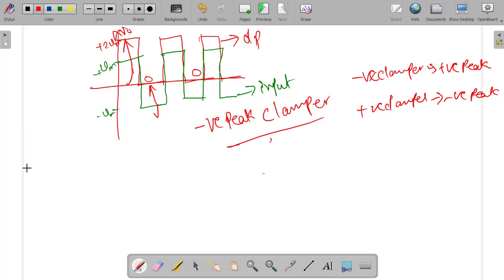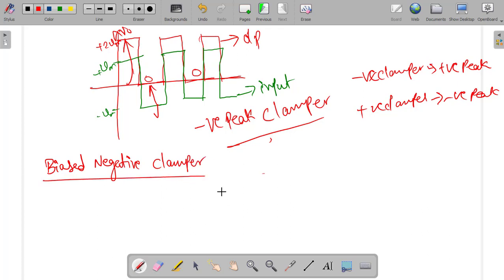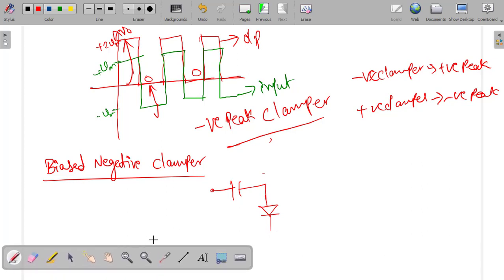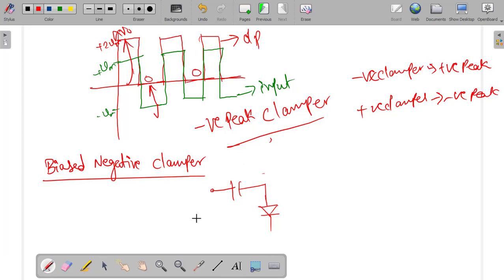Let us talk about the biased negative clamper. This is also important. What is a biased negative clamper? The circuit will remain the same, only there will be an extra voltage source. This is the diode, and there is an extra reference voltage.